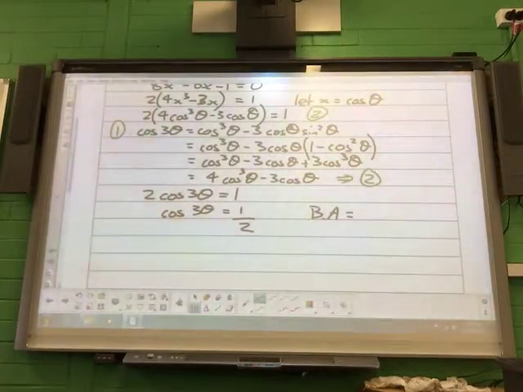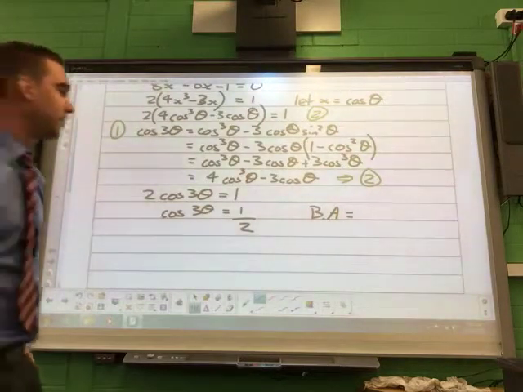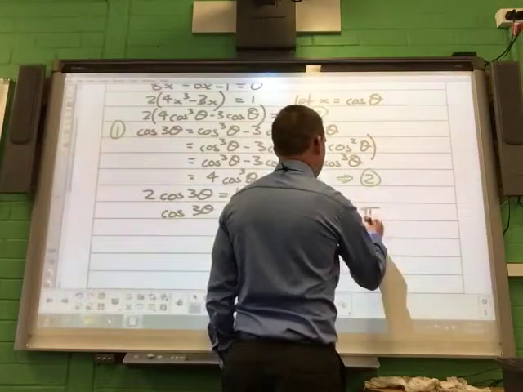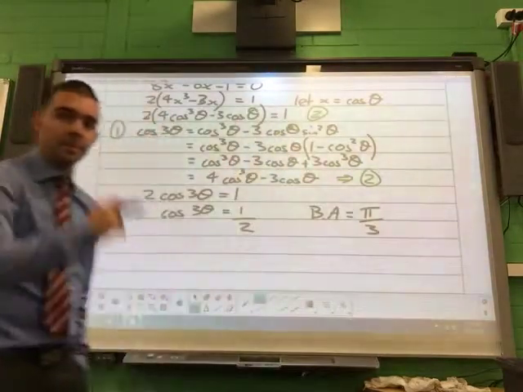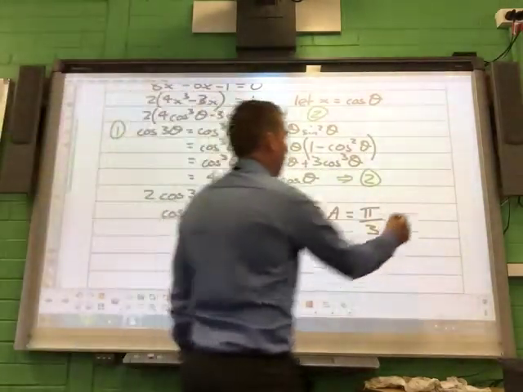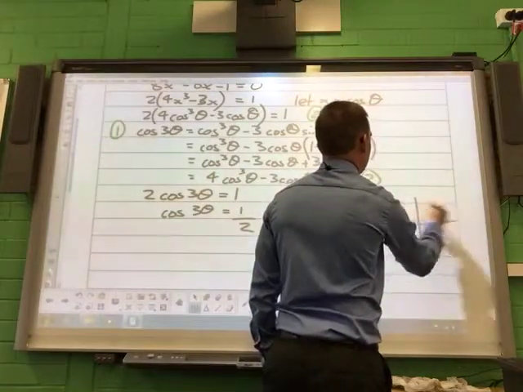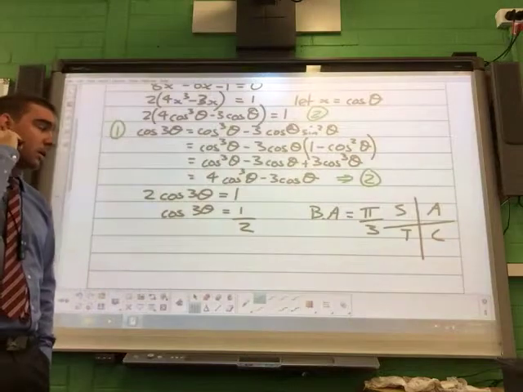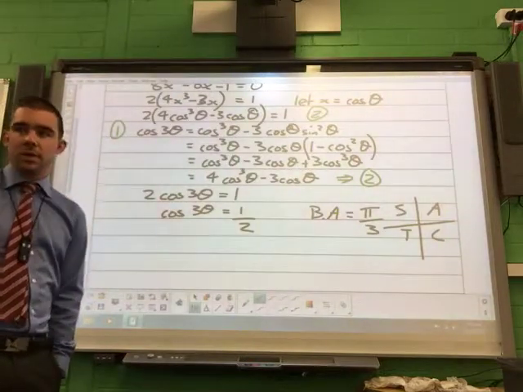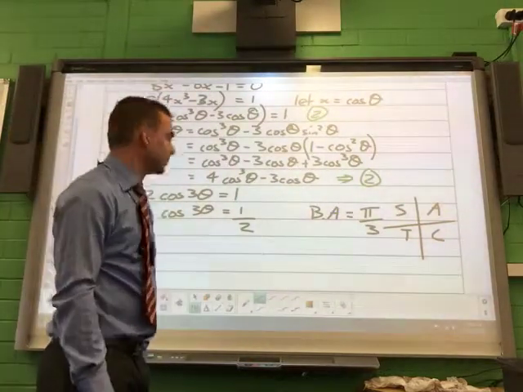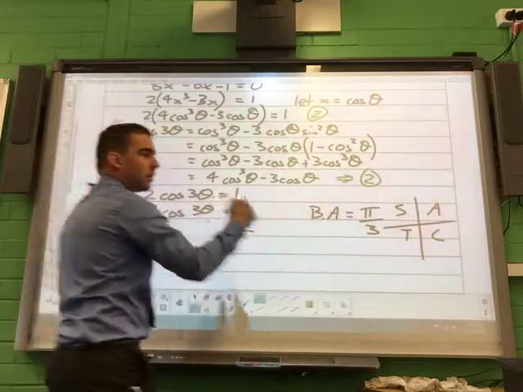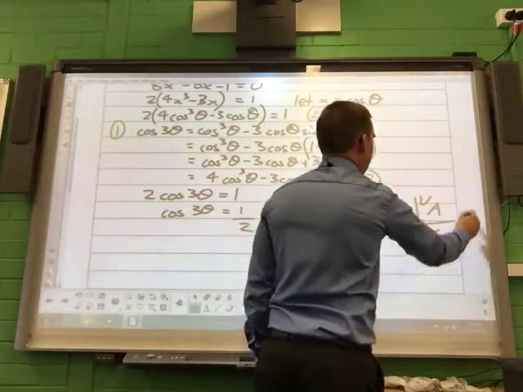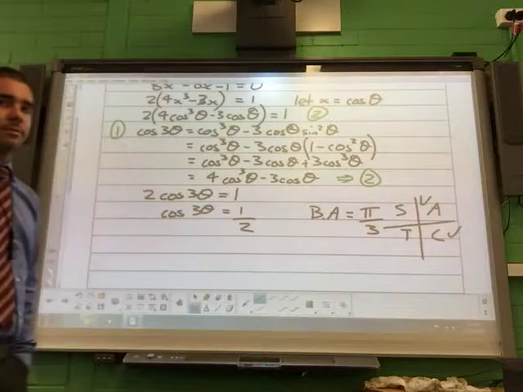Right, so what's angle, cos what angle in the first quadrant makes half? 60 degrees, which is pi on 3. Okay, quadrants, all students take calculus. Right, where's cos positive? Okay, because this expression is positive, that means cos is positive in the first and fourth.